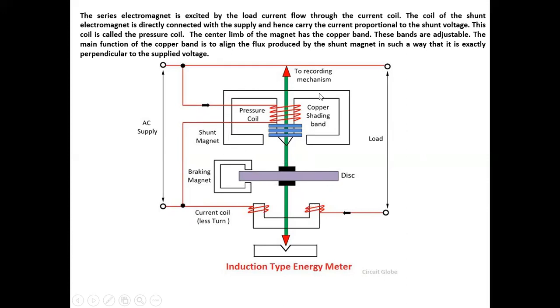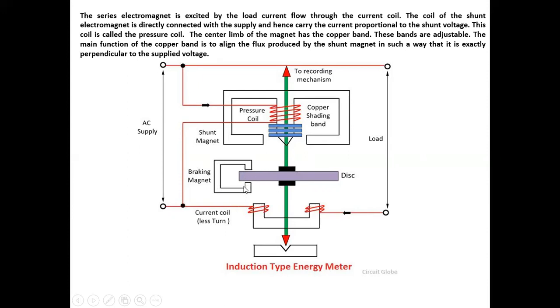The shunt type magnet has three limbs, and on the central limb of the shunt magnet we wind the pressure coil. On the series magnet we place the current coil of the energy meter. There is one disc which rotates when the supply is given to the meter.